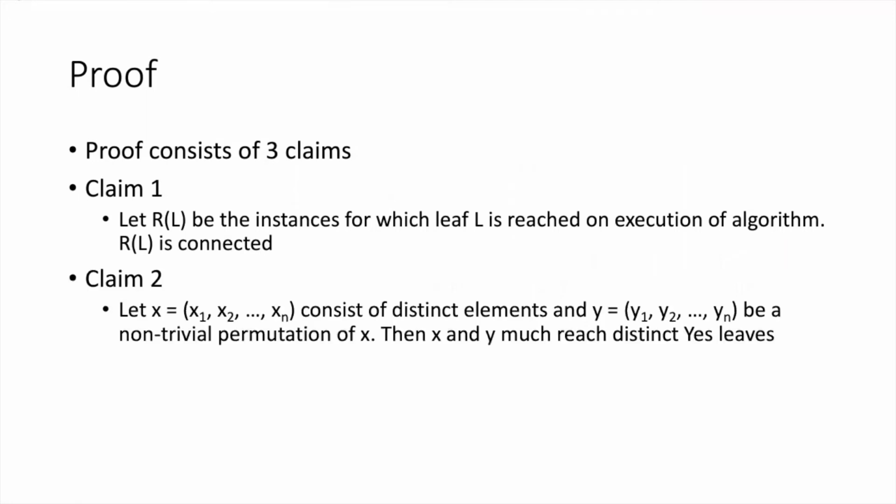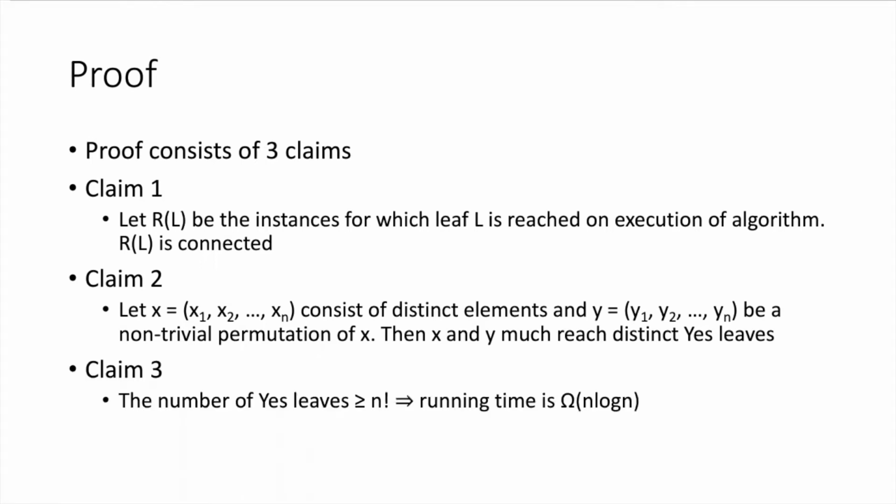Our second claim is: let X equal an n-dimensional vector that consists of distinct elements, and Y is a non-trivial permutation of X. Then X and Y must reach distinct yes leaves. And claim 3 says that the number of yes leaves is greater than n factorial, which implies that the running time is going to be big omega of n log n, right?